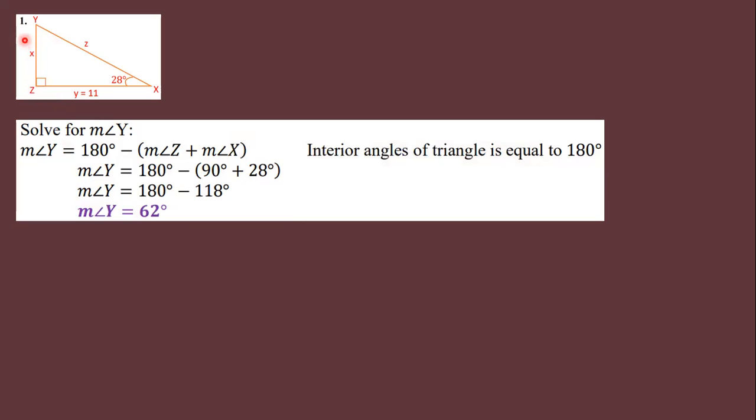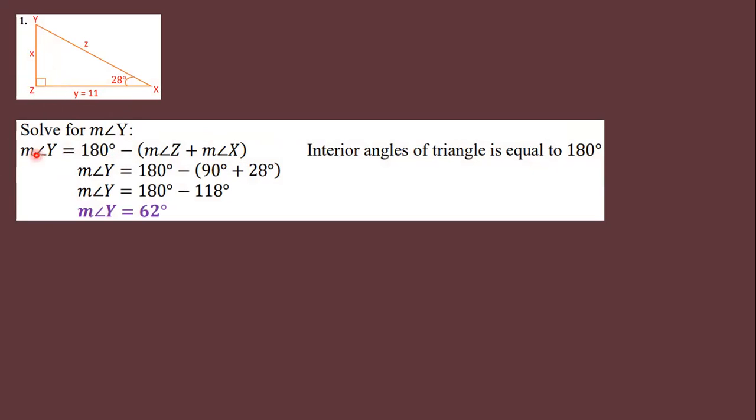To solve for angle y, we substitute 180 degrees as the sum of the interior angles of the triangle, minus the angles given, which are 28 degrees and 90 degrees. This symbol here symbolizes 90 degrees.